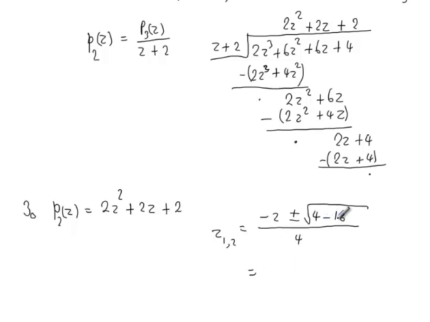Now, underneath the square root sign there, I'm getting minus 8, and that is the same as J squared times 8 under the square root. Which means now I'm going to have minus 2 plus or minus J square root of 8.